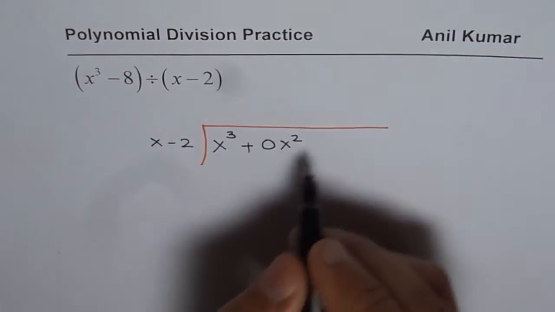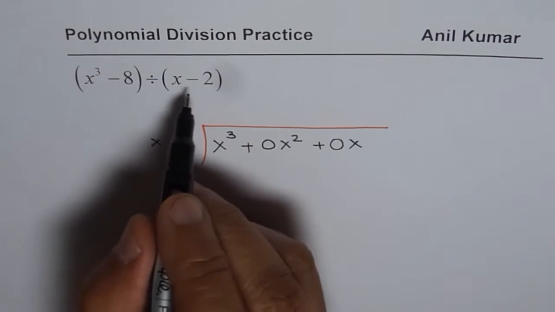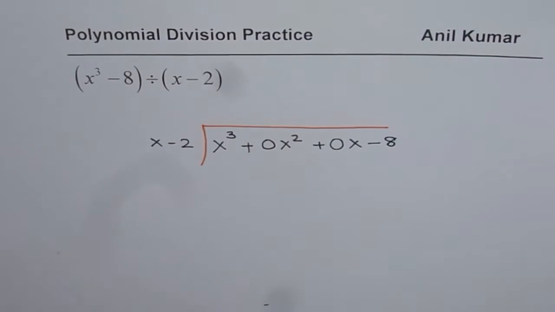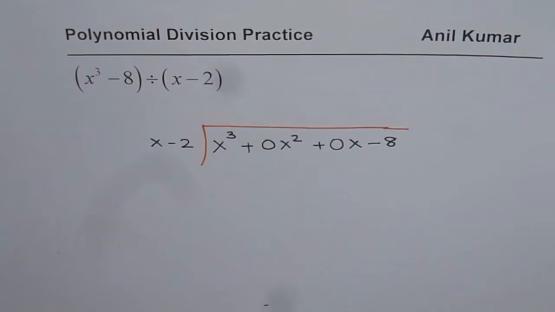Even the x term is missing, so I'm placing 0 with x. Now we do have a constant which is minus 8, so let me place minus 8. So in this particular example, it's rather simple to put the placeholders. We just placed 0 with x squared and x.